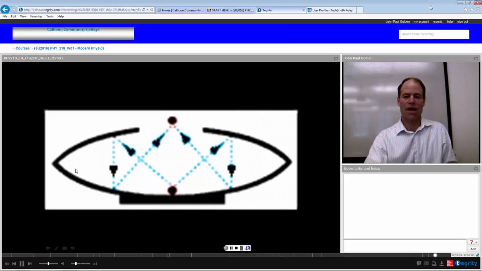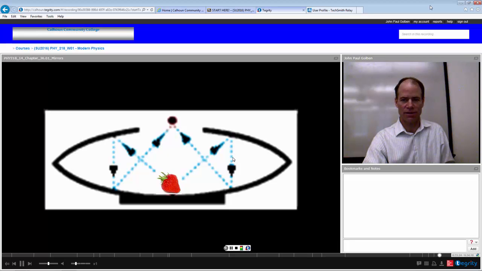Here's how it actually looks. It's actually two concave mirrors. If you put an object in the center here, the object is at the focal point of the mirror up above. So as rays come up to the mirror above, since it's at the focal point of that mirror, they come out parallel.